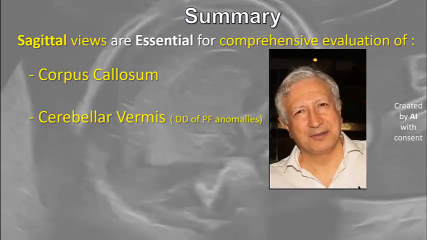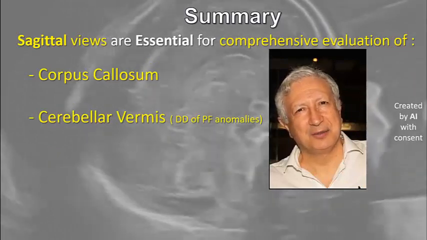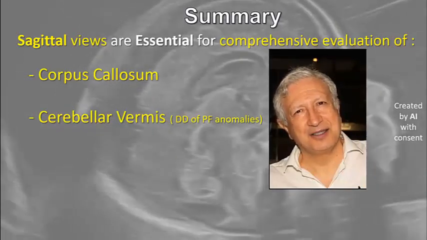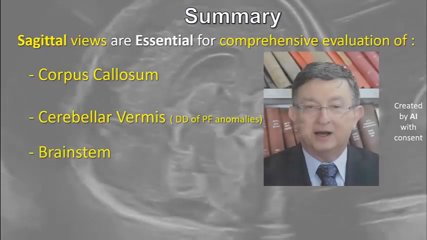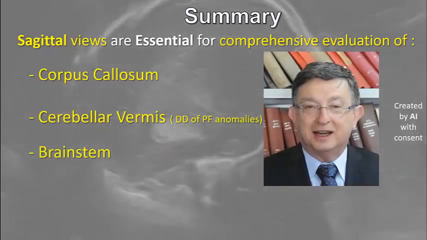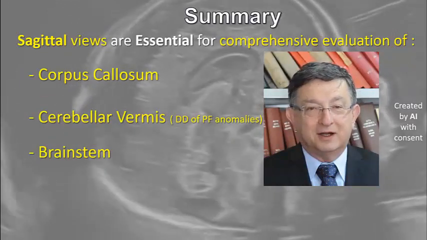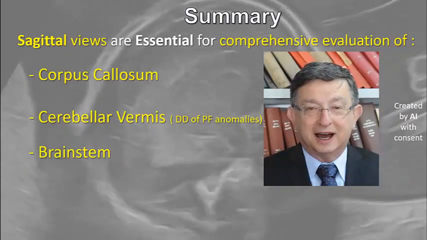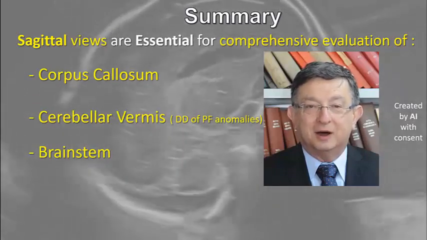Therefore, it can be very helpful in the differential diagnosis of posterior fossa cystic anomalies. Well done, Guillermo. I agree with Guillermo, and I think that the sagittal views will give us very important information about the midbrain and the hindbrain, and are essential for a proper evaluation of the brainstem.